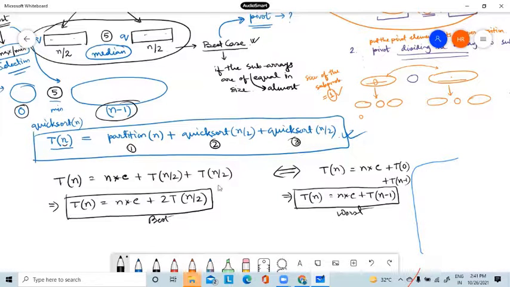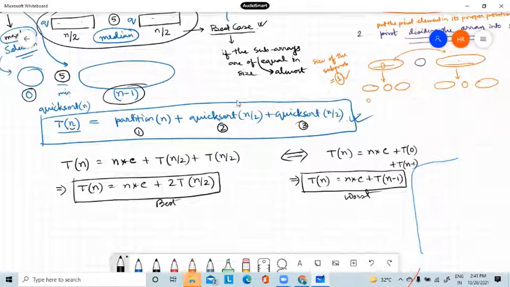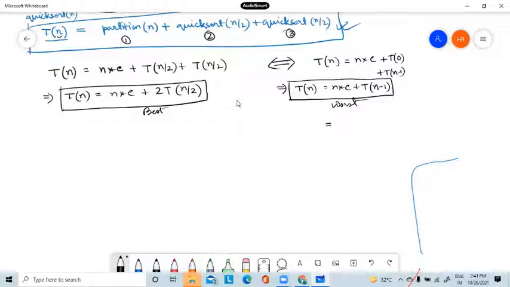Now for worst case, if we solve this, T of n equals n into c plus T of n minus 1. Then what is T of n minus 1? Obviously n minus 1 into c plus T of n minus 2.